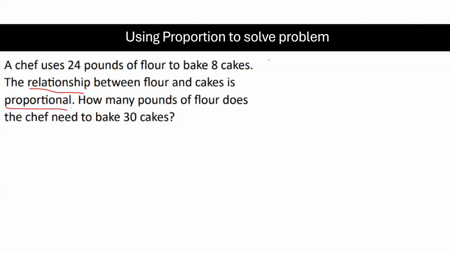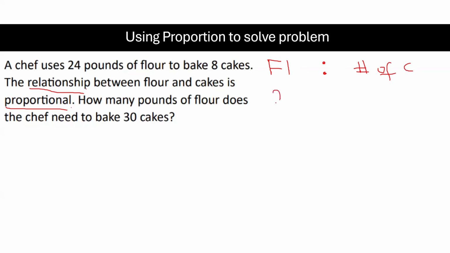We are going to use this information to write what we call ratios. If you notice here, the two things we are comparing are flour and the number of cakes baked. I'm going to write C, which represents number of cakes, and pounds of flour.